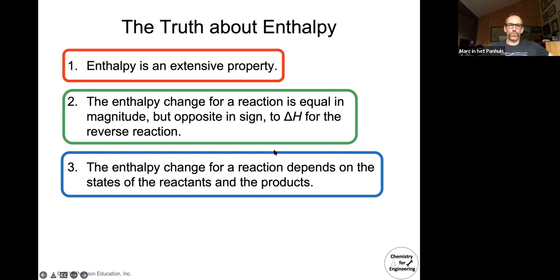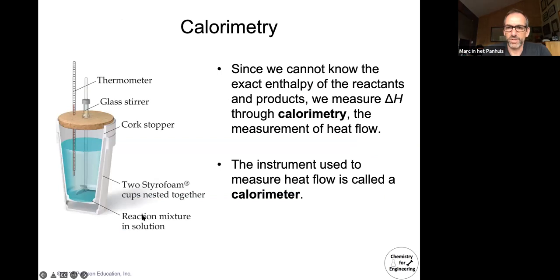Regarding these properties, the enthalpy change will be the same in magnitude but have a different sign if it's the reverse reaction. And generally, the change for a reaction depends on the states of the reactants and the products.